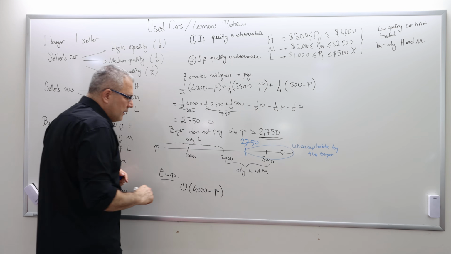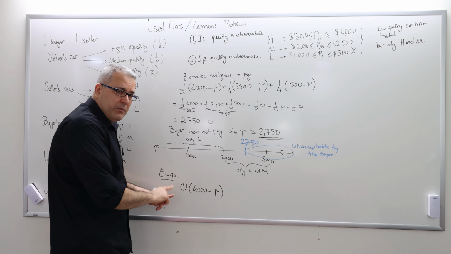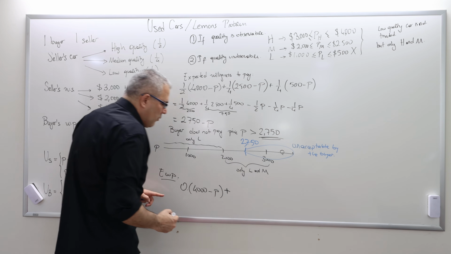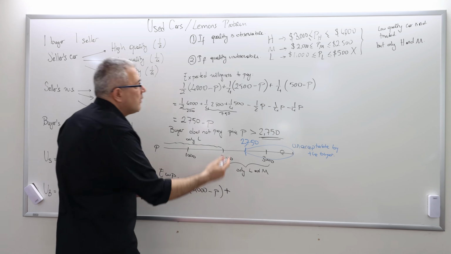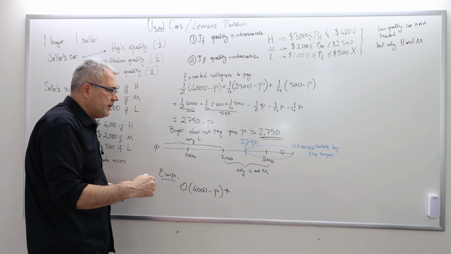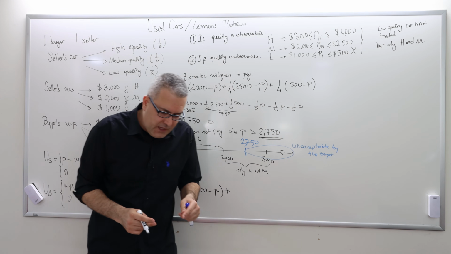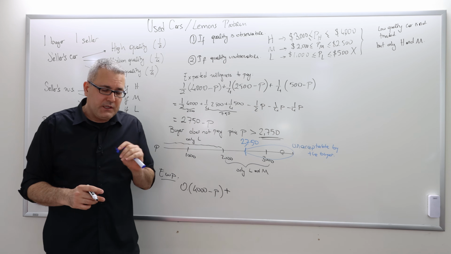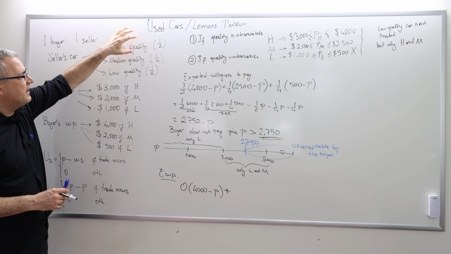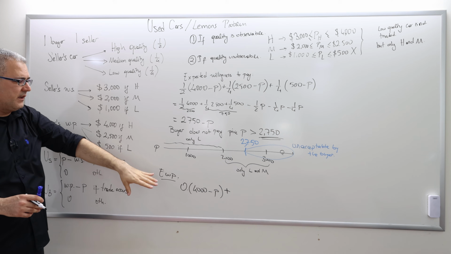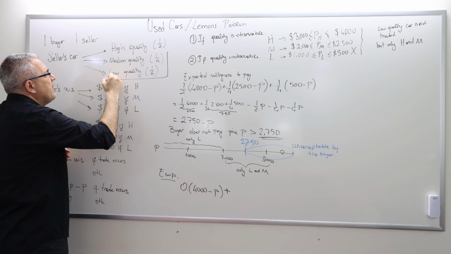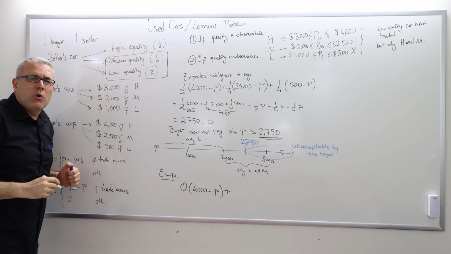It's zero probability because I know that the high type guy is not going to be selling at that price. Now, remember, the probability of high quality is zero because he's not selling his car. So therefore, the car is either medium quality or low quality.